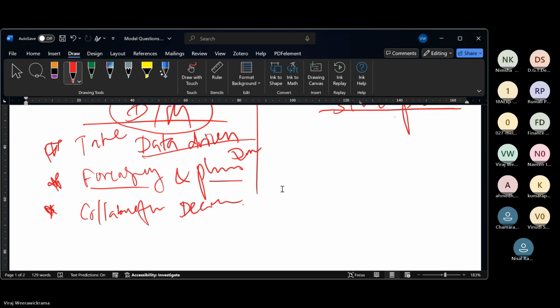Yes. What do you think? What do you mean by collaborative decision making? It's the advantage of having information systems. Yes. Any idea? Any example? Can collect all the relevant information from all the departments for decision making.